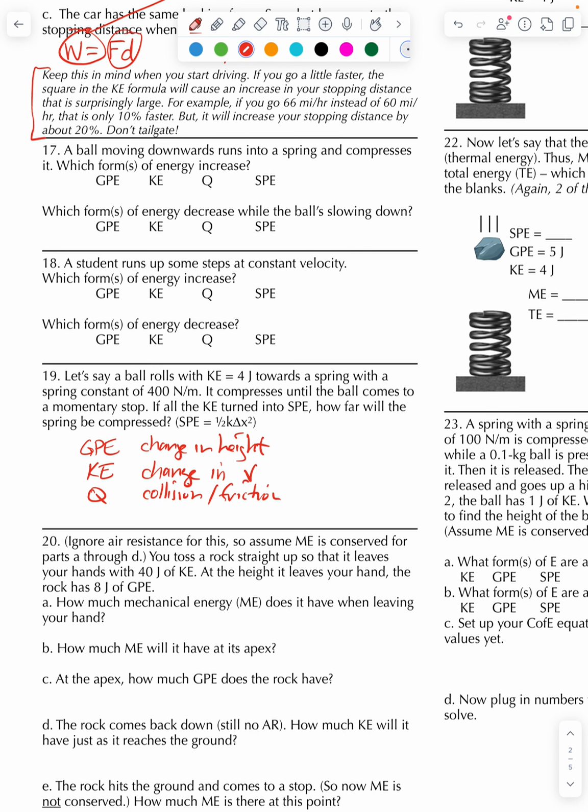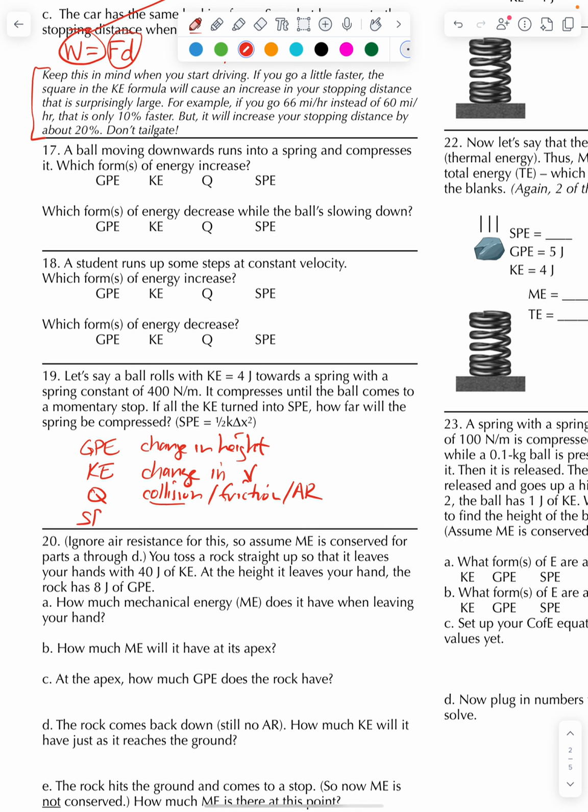So if there's some process where there's friction, air resistance, or a collision, we're probably going to be creating heat. Of course, we can talk about elastic collisions that don't create heat, but that's generally what we're looking for. If there is no friction or air resistance, then Q could remain constant. But again, don't ever say Q is decreasing. It's either going to be constant or it's going to be increasing.